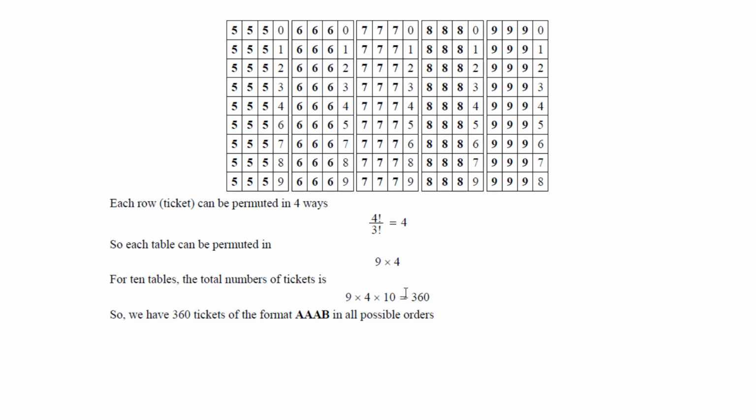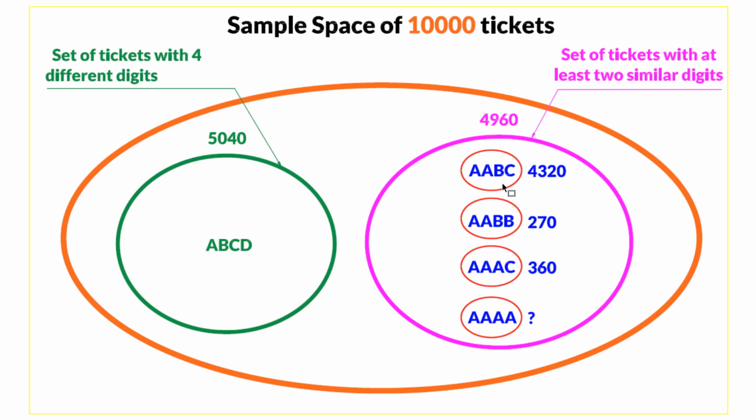So 9 times 4 times 10, we end up with 360 tickets in the form of AAAB. Now we can add to our subgroup the number 360 for the tickets in the form AAAB.